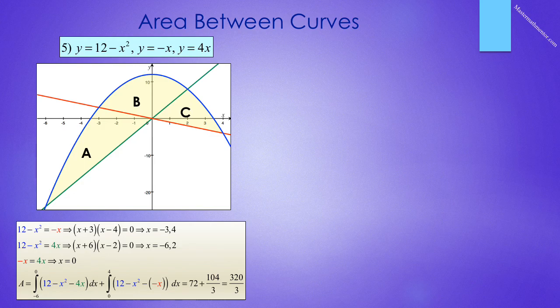So our integral is negative 6 to 0 of 12 minus x squared minus 4x dx, plus the integral from 0 to 4 of 12 minus x squared minus negative x, which is plus x, dx. And our answer is 72 plus 104 over 3, which gives the final answer of 320 over 3.